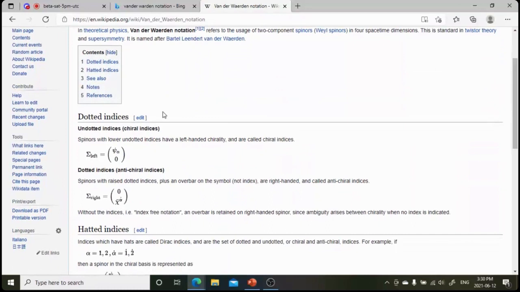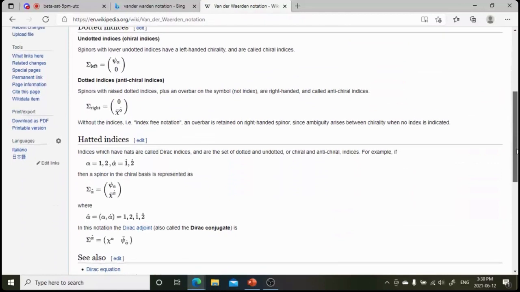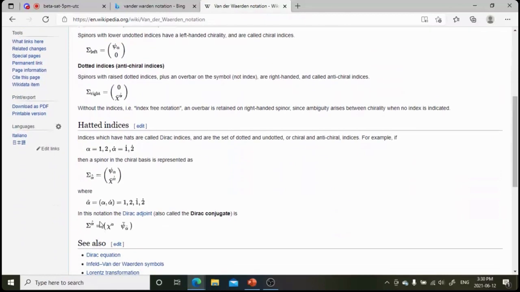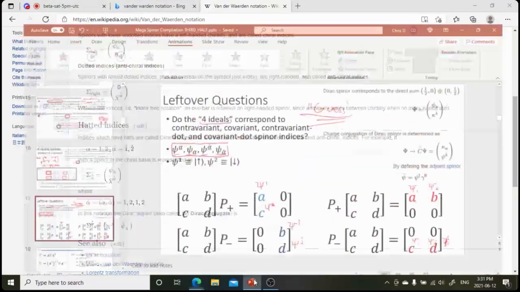Yeah, so like here it's saying like a left chiral spinor is like a covariant index, and a right chiral spinor is a contravariant dotted index. And then the Dirac conjugate, I guess, is a contravariant and a covariant dotted. I don't know what this means.